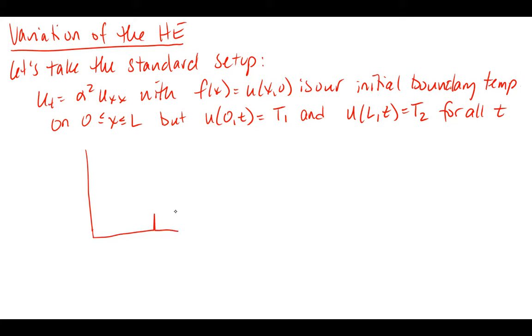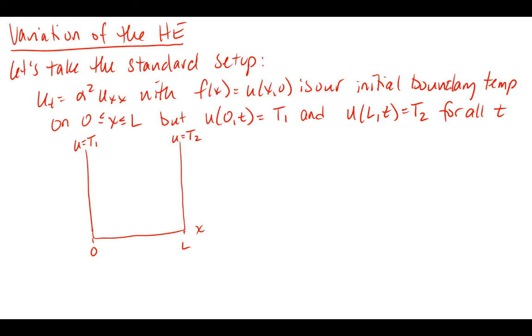If I imagine this problem existing in a box here, where the bar is down here, so this is the x-axis, and this is us saying the bar lives between 0 and L. But now instead of us assuming that on this end the temperature is 0, we're going to assume that the temperature down here is whatever T1 is, some temperature. And let's assume that the temperature on the other end is some other temperature, we'll say T2. And that's true for all time.